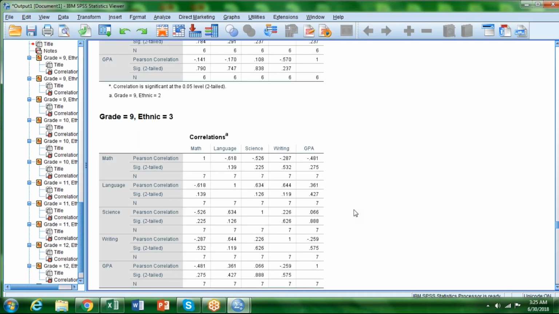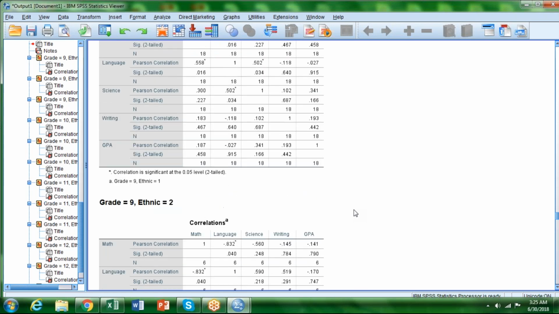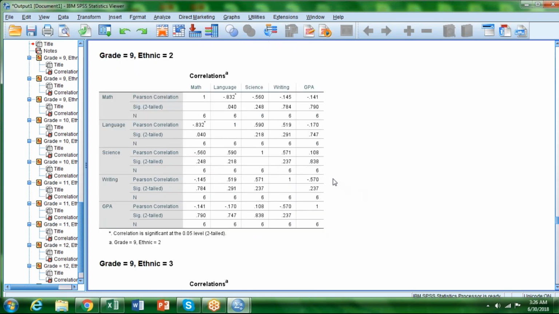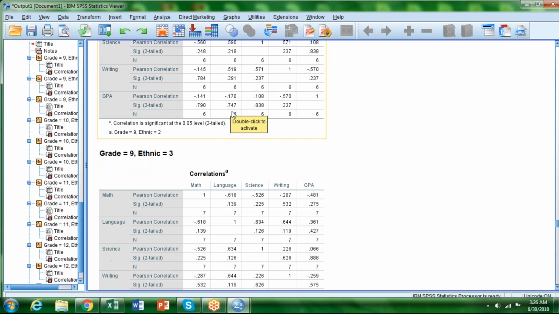So you can see there's a significant relationship between the tests for the white students: math and language, language and science, and I don't see another one. Then we have a very high relationship for the females, math and language, and come down here.